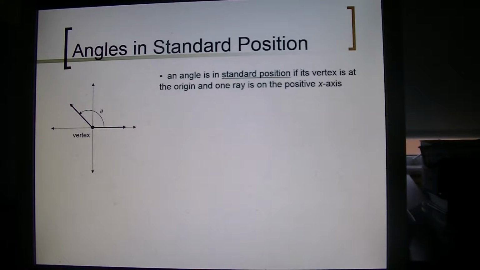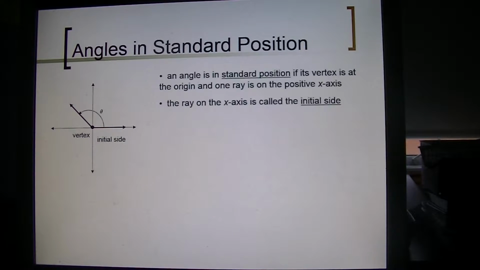So I've got that vertex in the middle. The ray that is on the positive part of the x-axis, we call the initial side, or sometimes the initial ray of the angle. And if I push this, yep, that's the initial side.